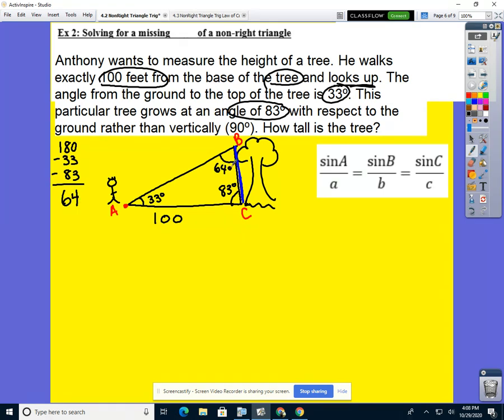So I can see, okay, bingo. I'm going to use law of sines because I see that this angle is going to match up with that 100. So that's going to be my first part of my law of sines equation: sine of 64 over 100.